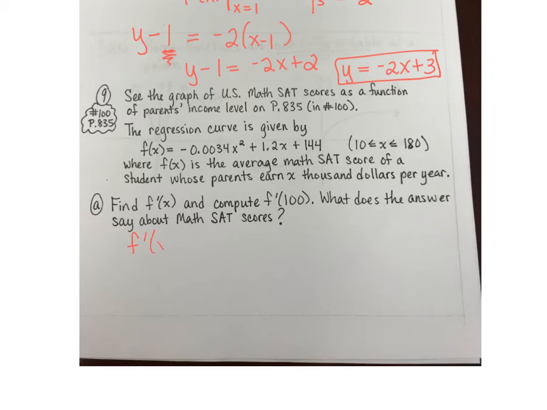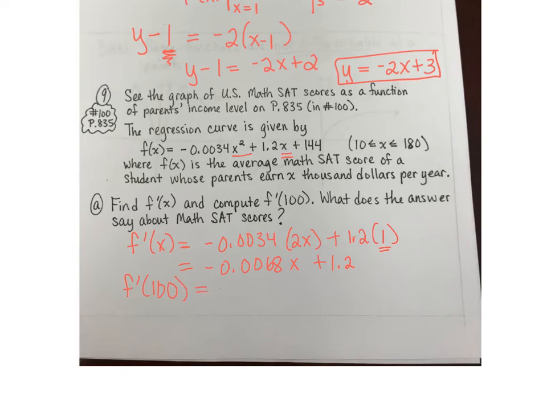f prime of x is equal to negative 0.0034 times 2x, which is the derivative of x squared, plus 1.2 times 1, which is the derivative of x. So, simplifying that, we get negative 0.0068x plus 1.2. Now we need to find f prime of 100. Plug in 100.